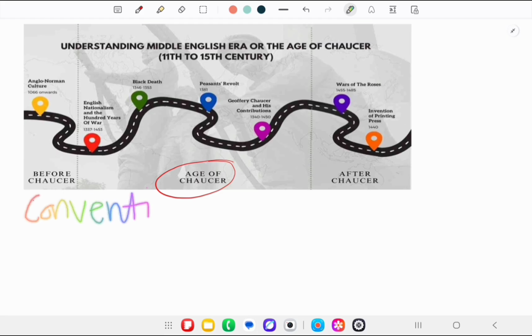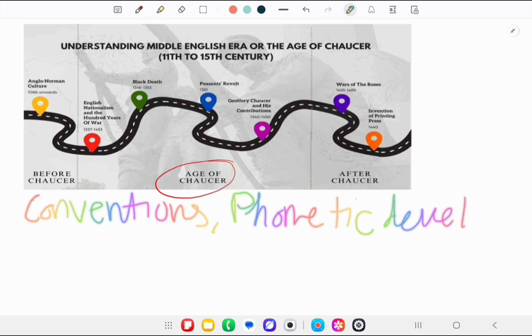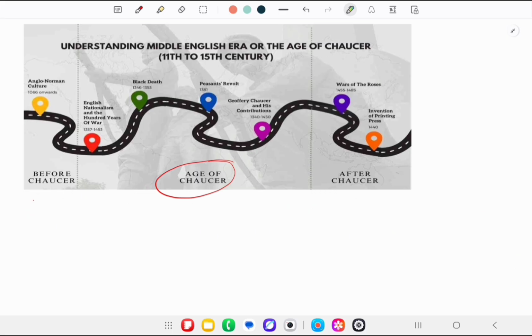Phonetic development in the Middle English era led to the loss of certain Old English sounds. During this era, the society was multilingual.